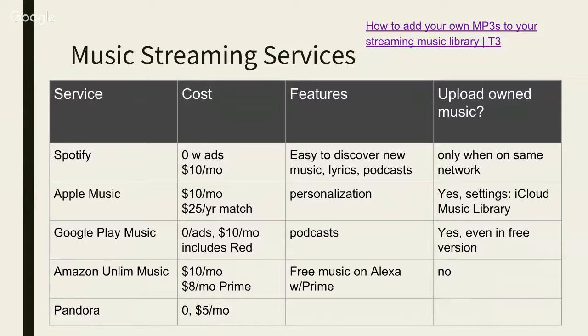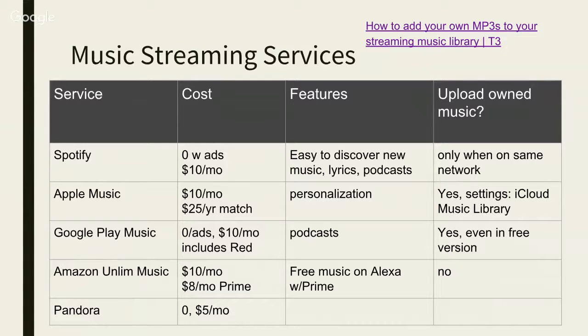It's curating music for you all the time. But if you pay $10 a month, you can then make your own. Well, you can make your own playlists even in the free version, but you don't get any ads if you pay the $10 a month.